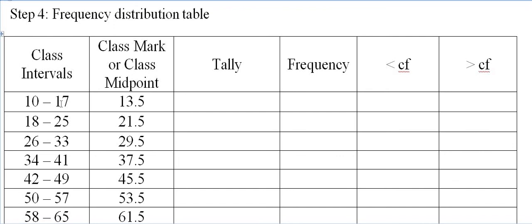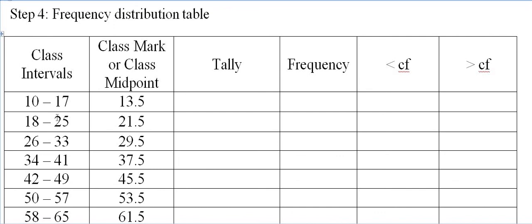So, 8 numbers, right? Now, the second class interval begins with the number after 17, which is 18. Then, 18 plus 8 minus 1 equals 25.